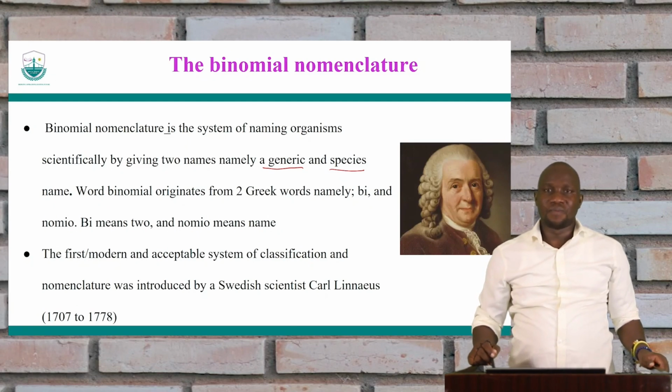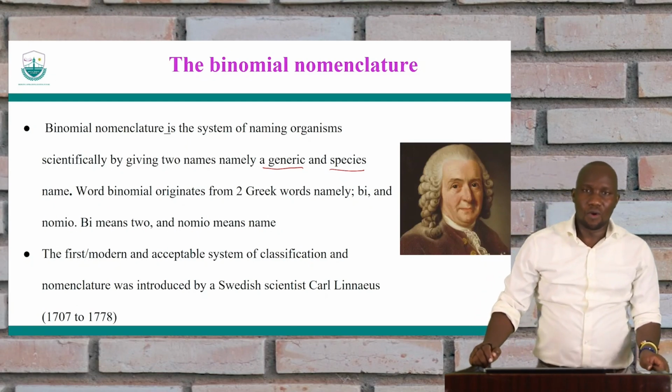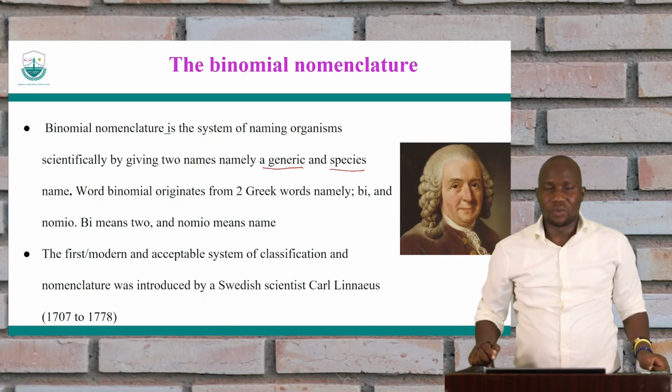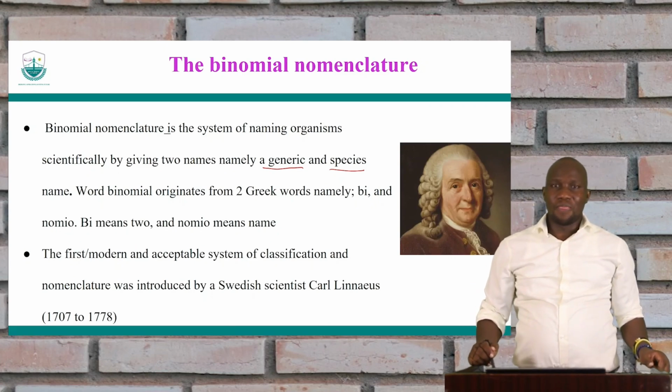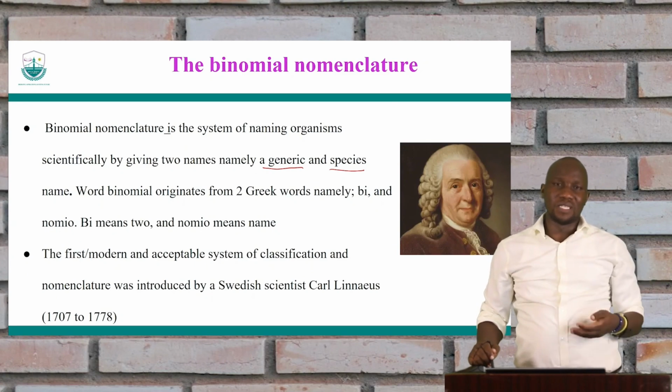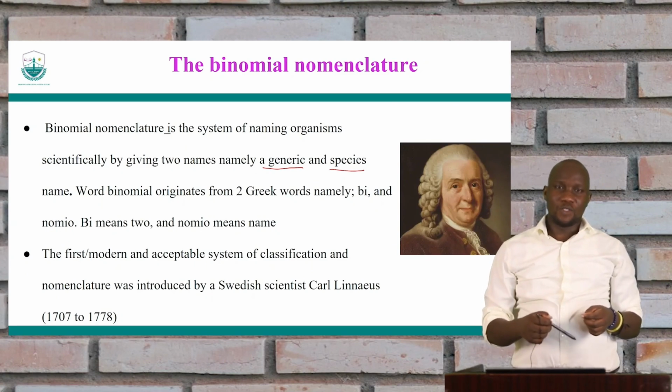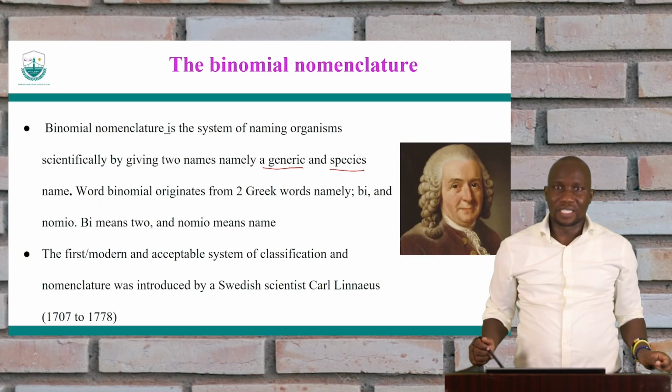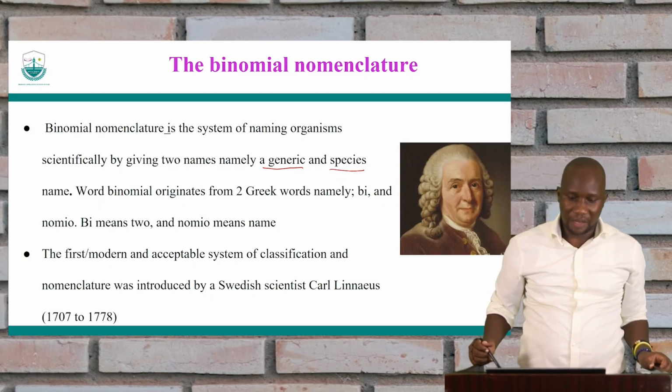If you remember the levels of classification that we talked about, moving from kingdom to species, the last two levels are the ones that are very important in binomial nomenclature.